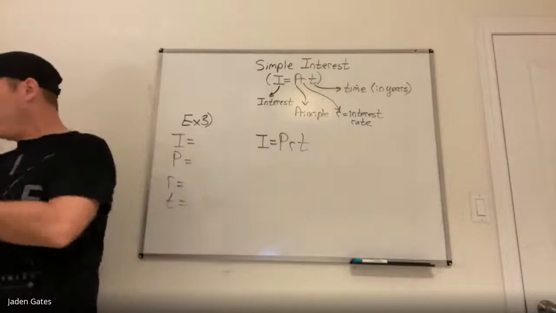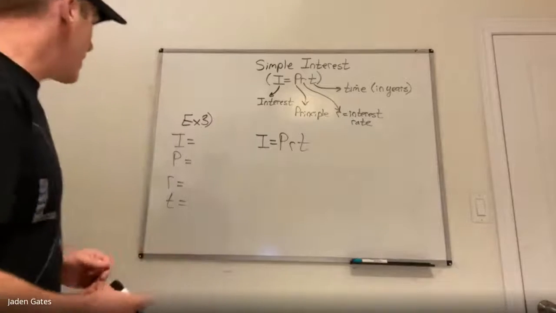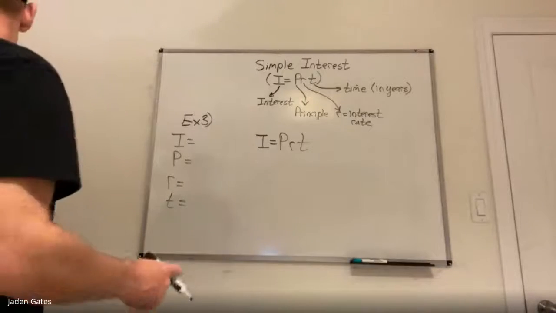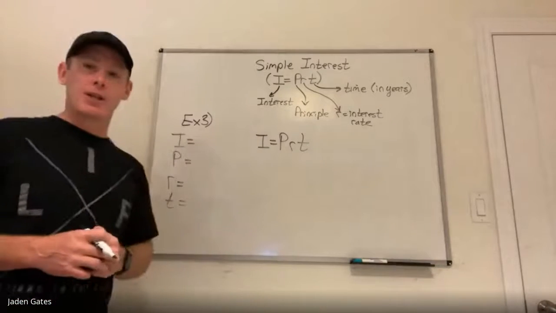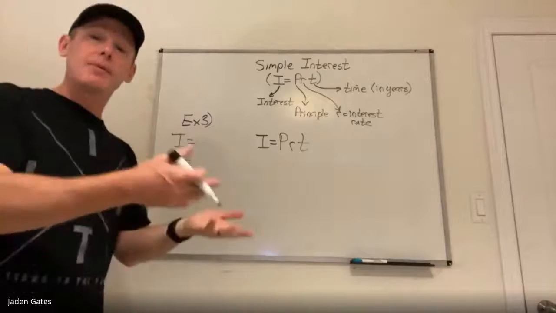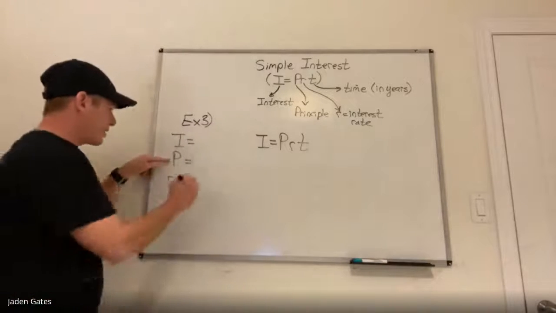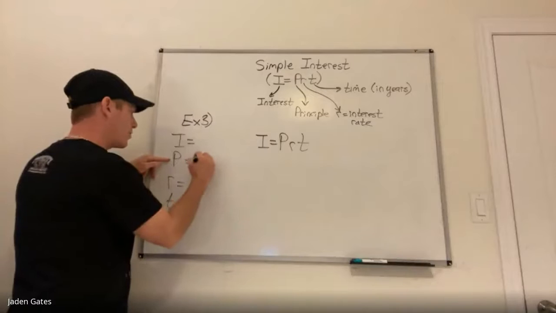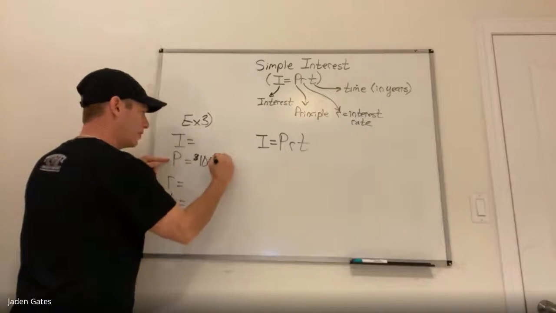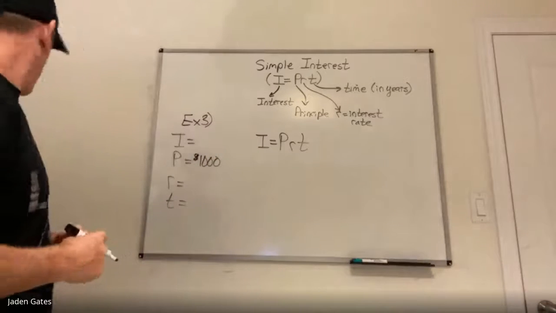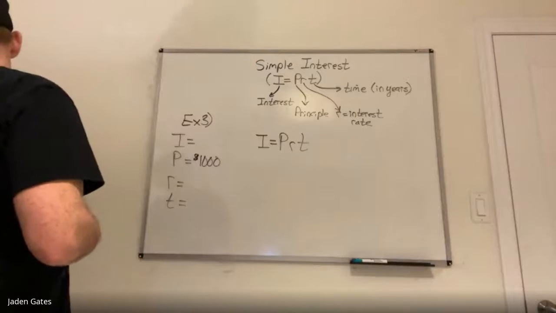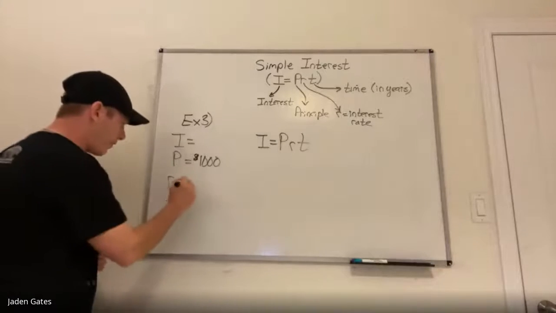All right, so what we're looking at is, first off, Ray is putting $1,000 into the bank. So he's lending money to the bank. That is his principal. That's how much he's lending to the bank, if you will. That's how banks make money. Now, the interest on the account is 3.5%.